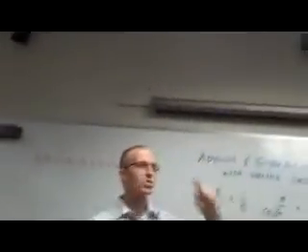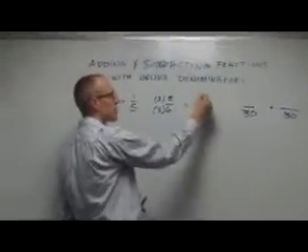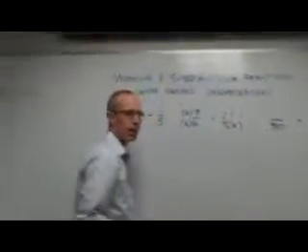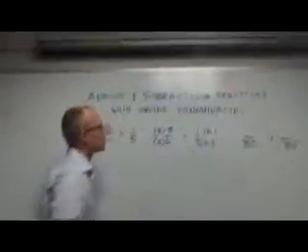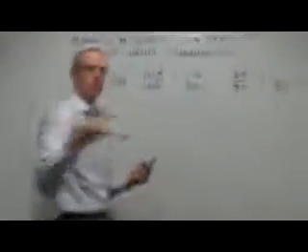Since I multiplied this bottom by 5, what do I have to multiply the top by? 5. And since I multiplied this bottom by 6, what do I have to multiply it by? 6. So now I have 5 times 5, which is 25, and 1 times 6, which is 6.